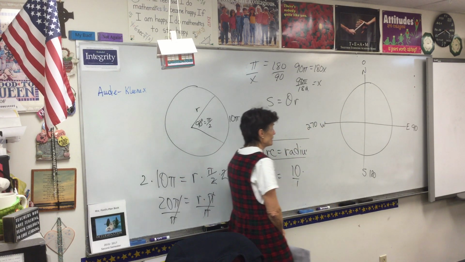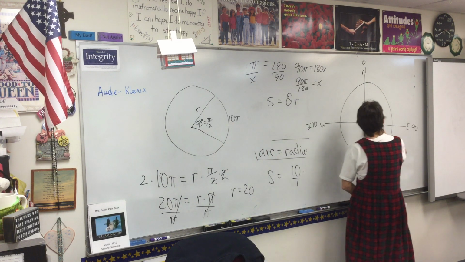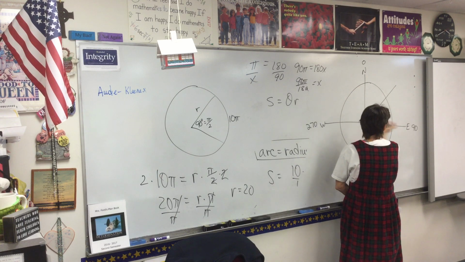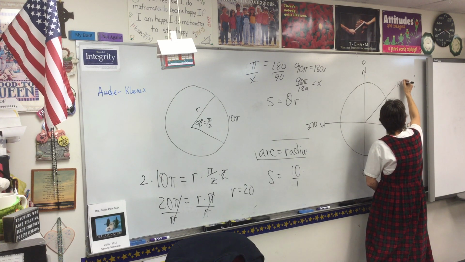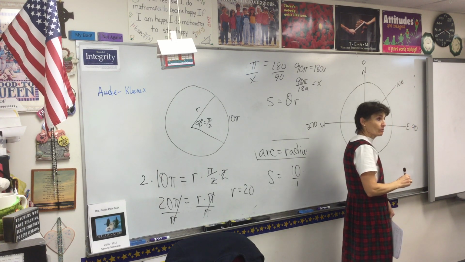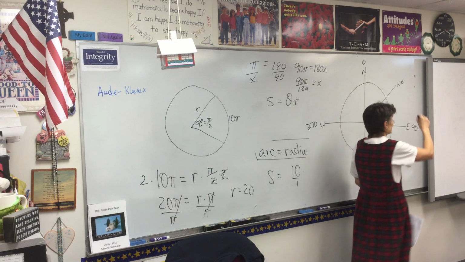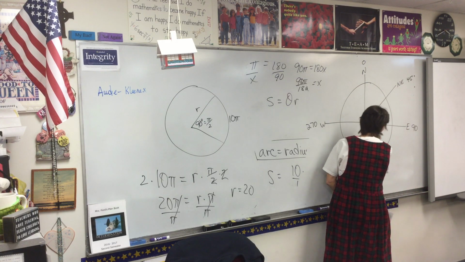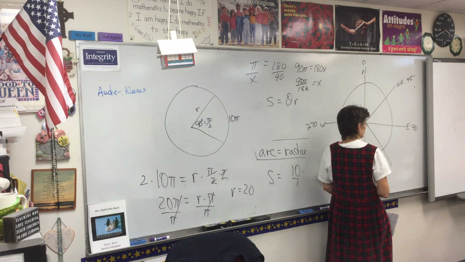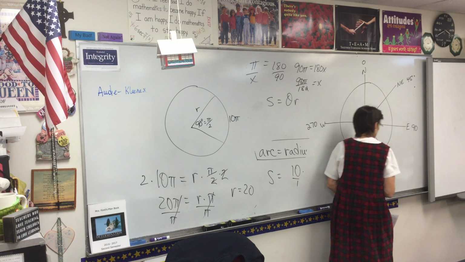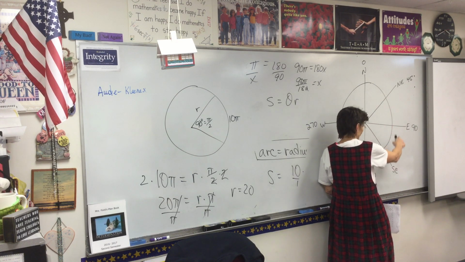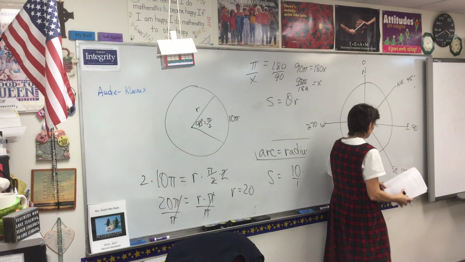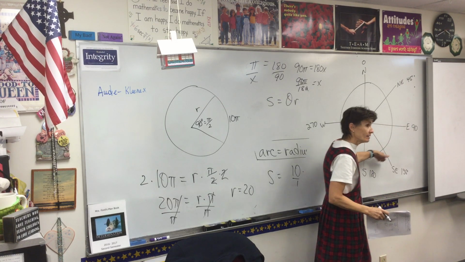This line right here would be called what? If that's north and that's east, this would be northeast. And its angle measure would be 45. This one is southeast, and its angle measure would be 135. Kids, this is 90, right?